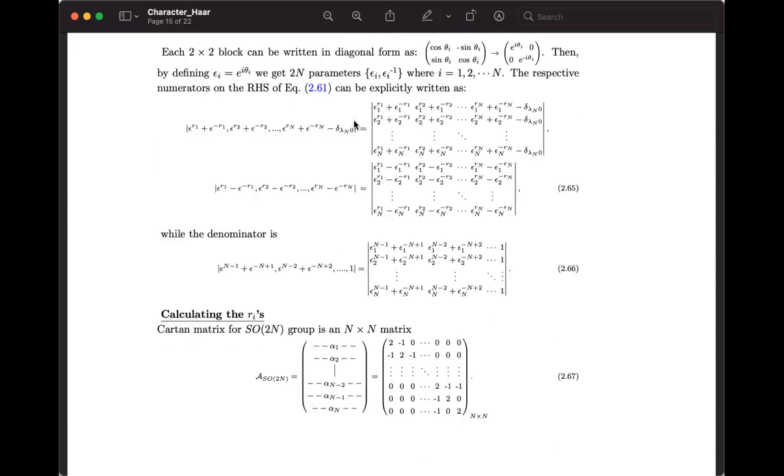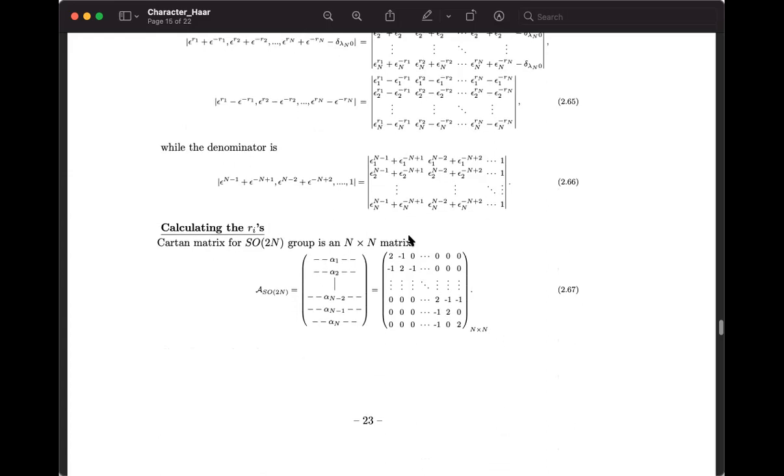So you can write down numerator and denominator in this particular form for two different cases. And for the SO2n, if you look into the Dynkin diagram, then you will see the last two elements, two blobs, are not connected. Rather, the third last one and the last one are connected by this thing. So you can focus on this blob.